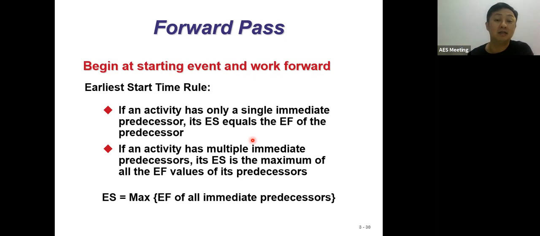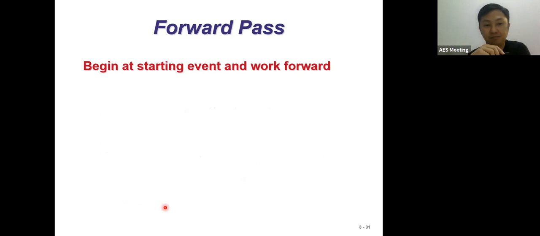Now, understanding the theory, if we have more than one immediate predecessor, what happens next? The ES will take the maximum value. We get the maximum from the early finish values of the predecessors. So ES is the maximum of the EF of all immediate predecessors. That is what we use for the ES of the next activity.